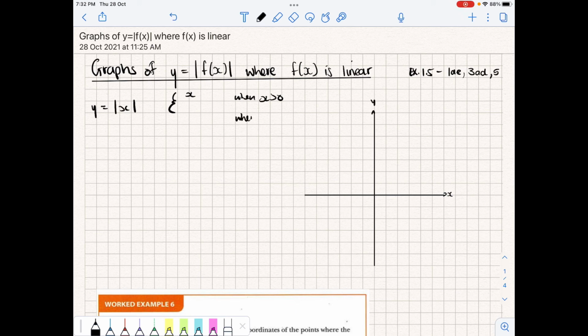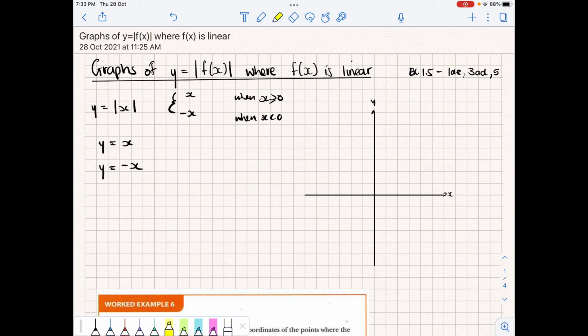And if x was negative, in other words, if x was less than 0, then we'd have to put a minus sign to make it positive. So that gives us two linear functions to consider: y equal to x and also y equal to negative x.